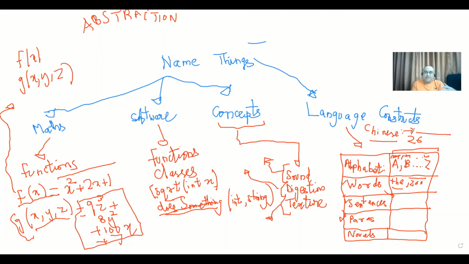What to abstract, what to leave to details, which tier to abstract a certain thing to, where to leave the rest of the details behind a name, where to move on to the next tier to use the earlier tiers' names, abstractions, and build complex things from it. These are all decisions of abstraction, basically, right?